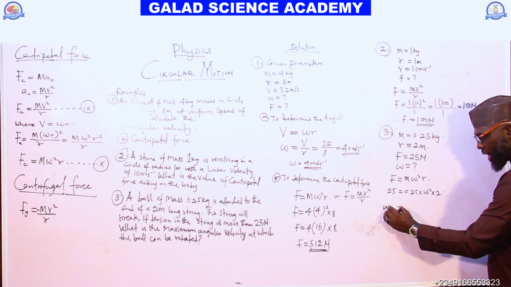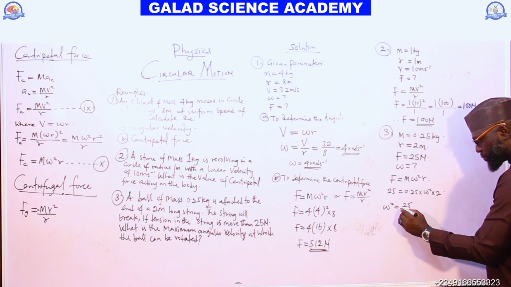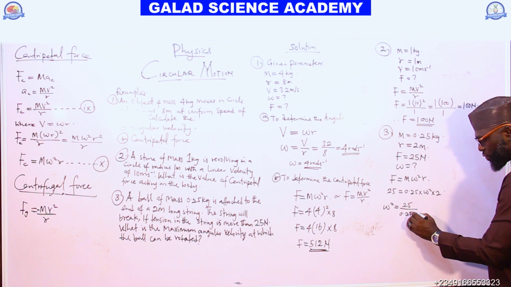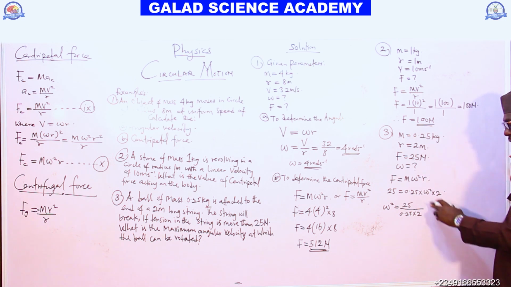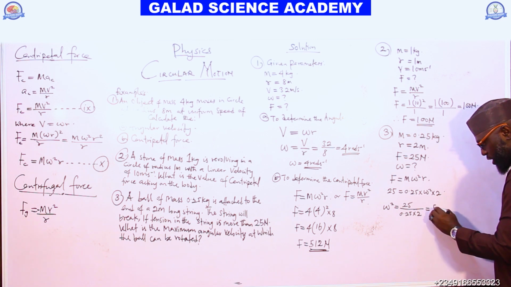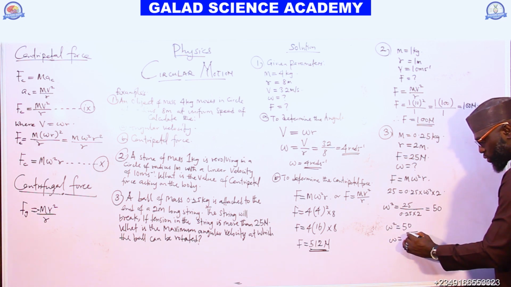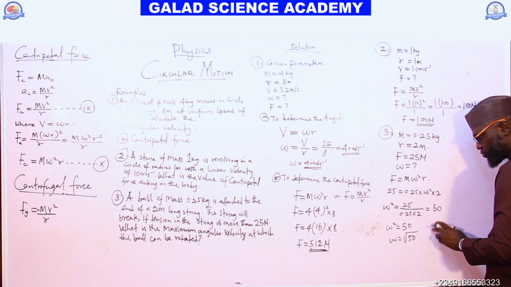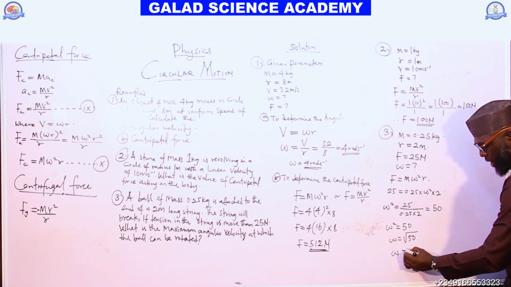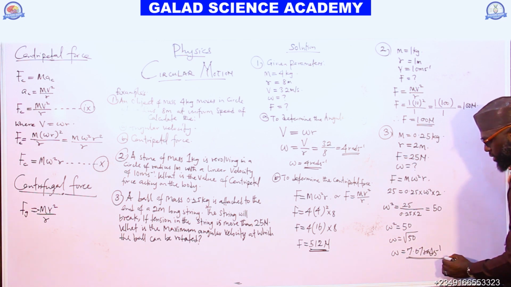So omega squared is equal to 25 over 0.25 multiplied by 2, which gives 50. Omega equals the square root of 50, which is 7.07 rad per second.